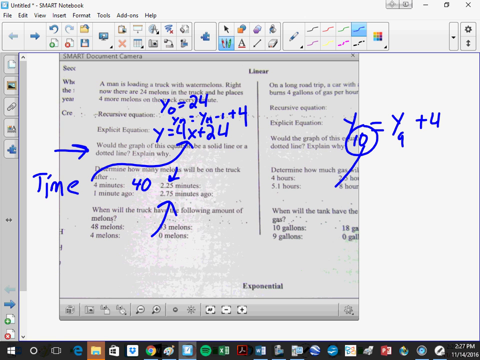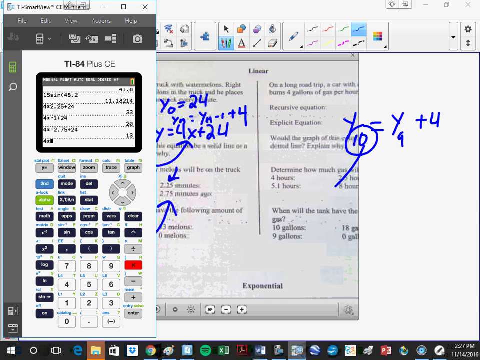If I plugged in, say, 3.3, 4 times 3.3 plus 24, that doesn't make any sense. 3.3 minutes from now, there will be 37.2 watermelons. 2/10 of the way on.